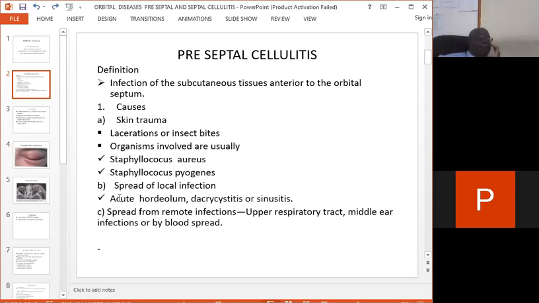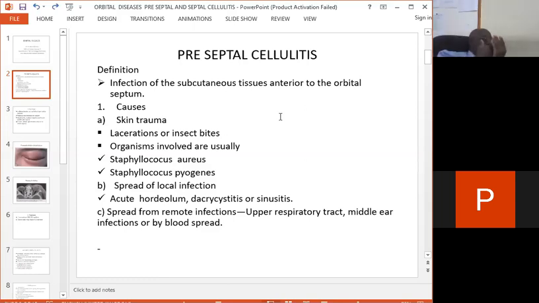Or you can have an injury on the upper eyelid, a small cut there, which gets infected, then the whole preseptal area gets inflamed. Spread from acute dacryocystitis, sinusitis, all these can ultimately lead to preseptal cellulitis. But what is important is this definition that preseptal is anterior to the orbital septum.